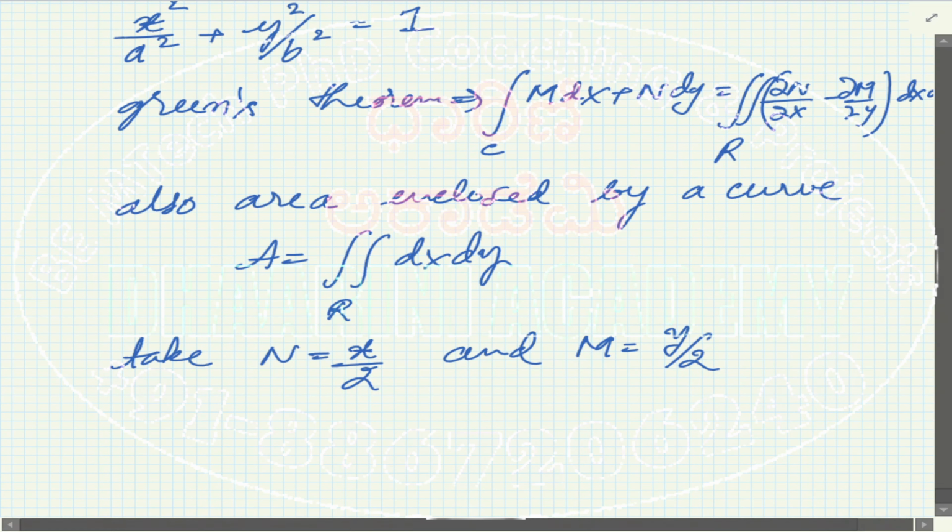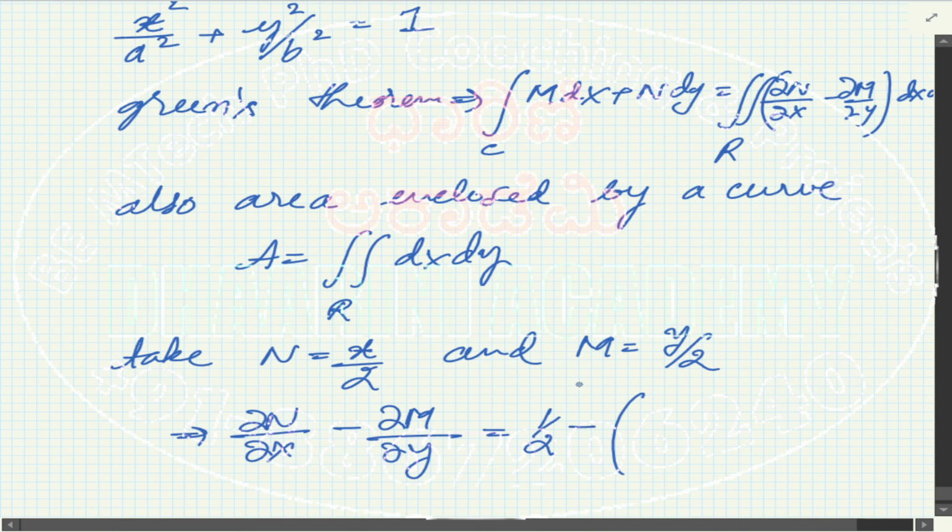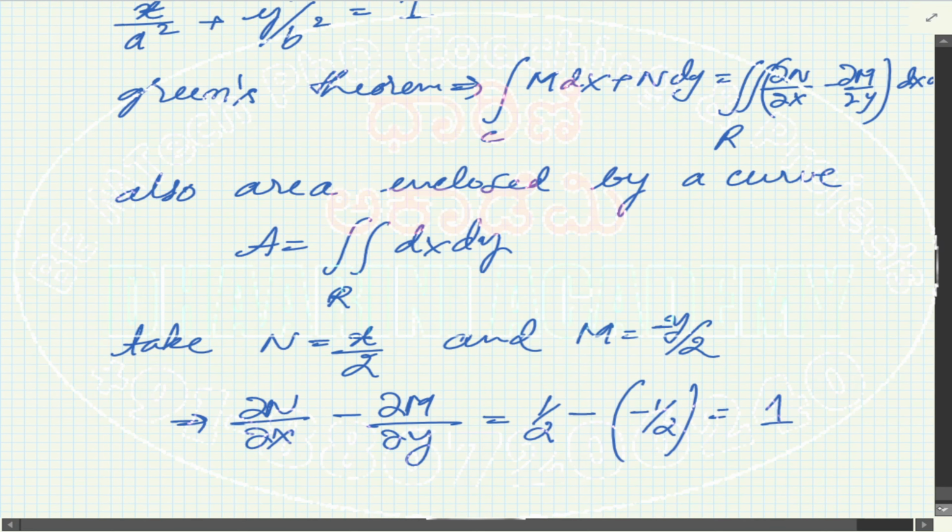If we perform dou n by dou x minus dou m by dou y, dou n by dou x will be half, and dou m by dou y becomes a minus half, so that dou n by dou x minus dou m by dou y becomes equal to 1.